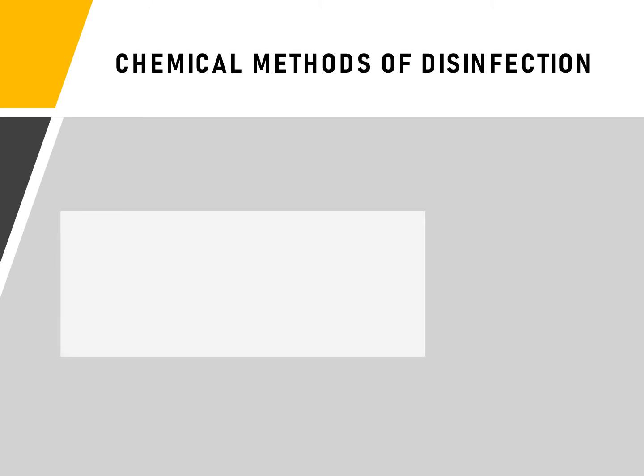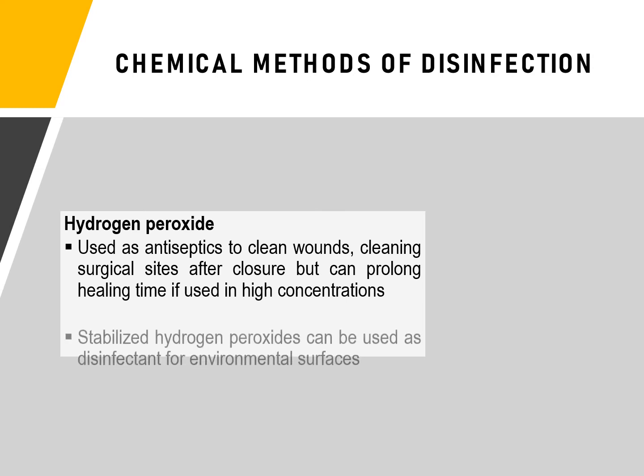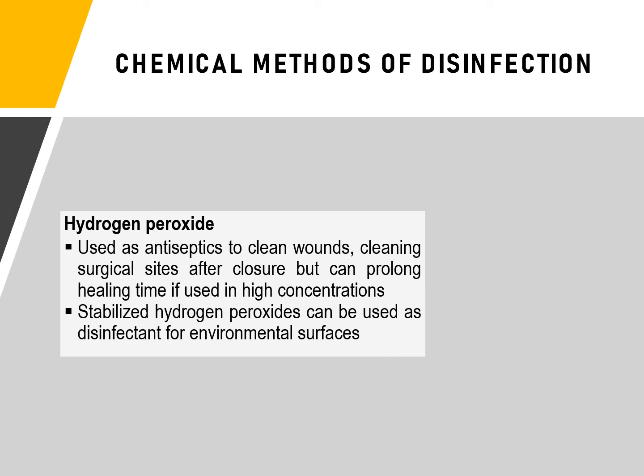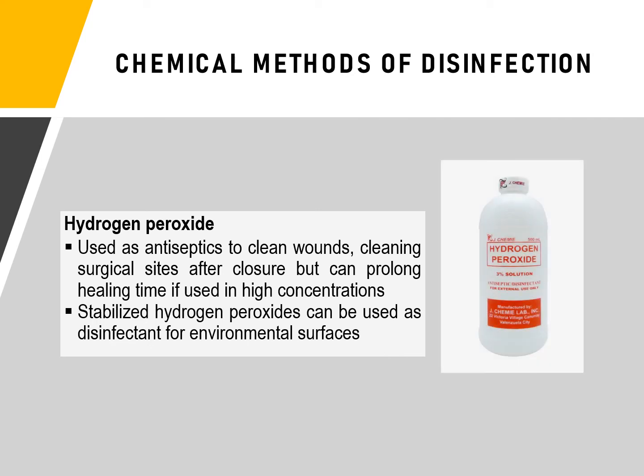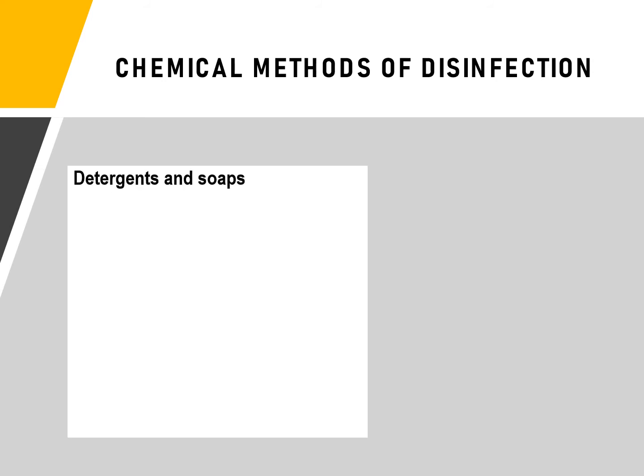Another solution that can be used as part of the chemical methods of disinfection is hydrogen peroxide. It's a well-known antiseptic to clean wounds or clean surgical sites after closure, but can prolong healing time if used in high concentrations. Stabilized hydrogen peroxides can be used as disinfectants for environmental surfaces. We also make use of detergents and soaps as chemical methods of disinfection.